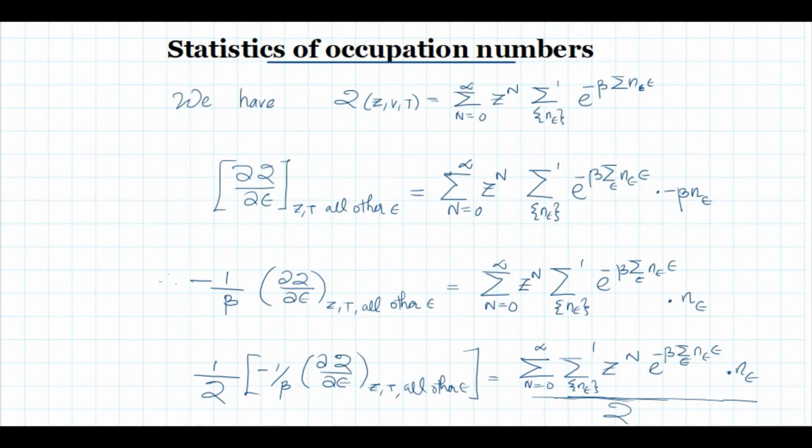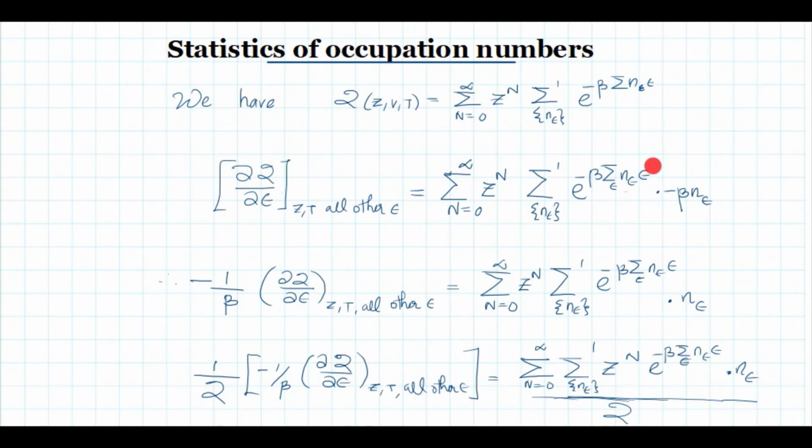You consider any one of the states, keeping all other energies constant, and you vary the energy of a particular single particle state. Take the derivative of theta with respect to epsilon, keeping all other epsilons, z and t constant. Then you will get n equal to 0 to infinity z raised to n, and sigma prime e raised to minus beta sigma n epsilon into epsilon, with the function of a function rule.